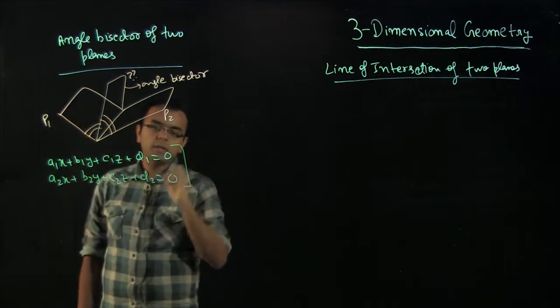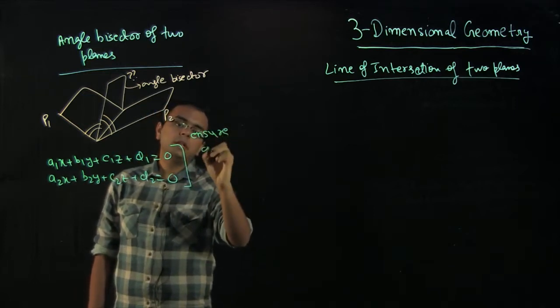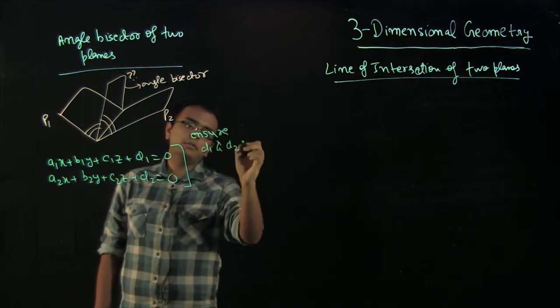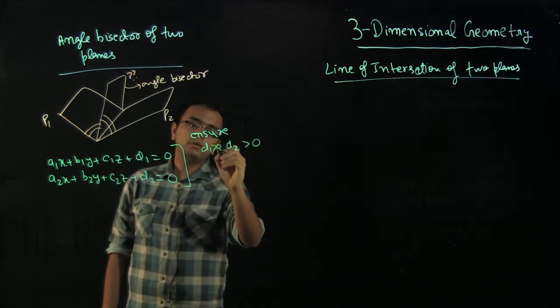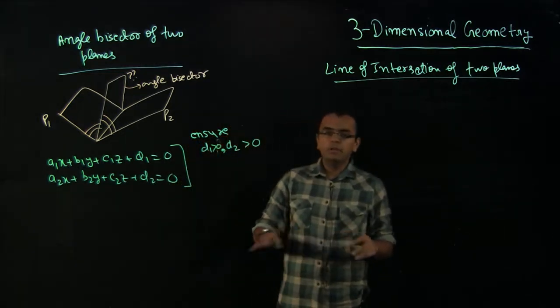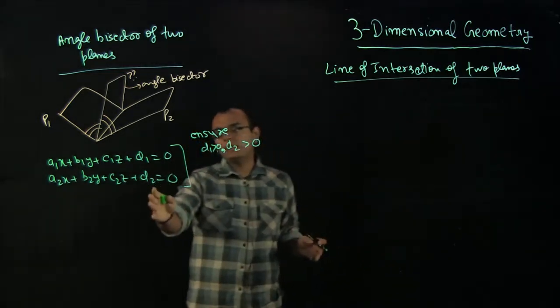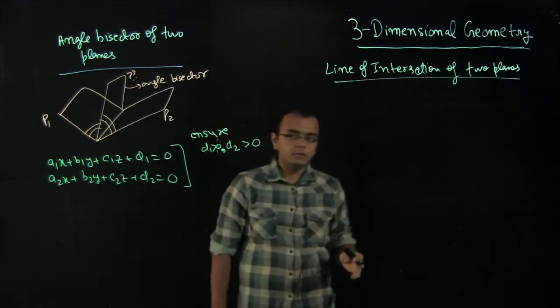And whenever you get something like this, ensure D1 and D2 are greater than 0. Let me clearly write D1 greater than 0, comma D2 greater than 0. Ensure this. So whatever the equation is, take this constant to the left hand side and multiply by negative if the need is to make this greater than 0.